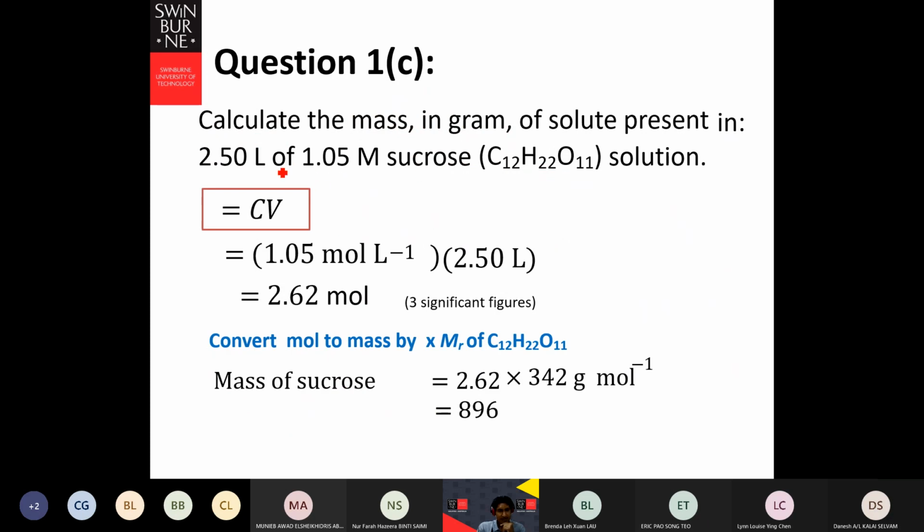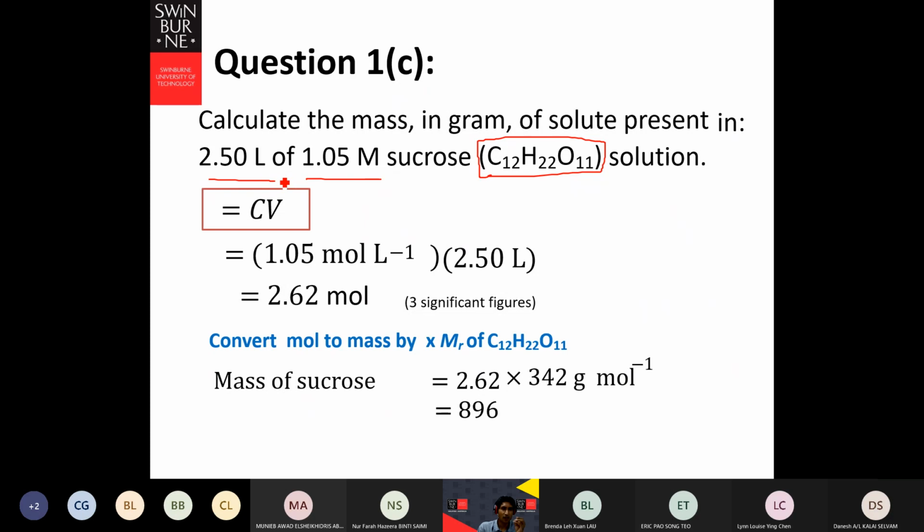Another one, the question says: calculate the mass in gram of solute present in 2.5 liter of 1 molar sucrose. This is the sucrose that we eat as sugar, right? So how many gram of sugar will it be if we had 2.5 liters of it?